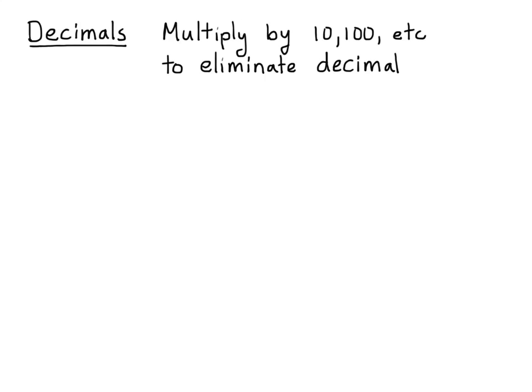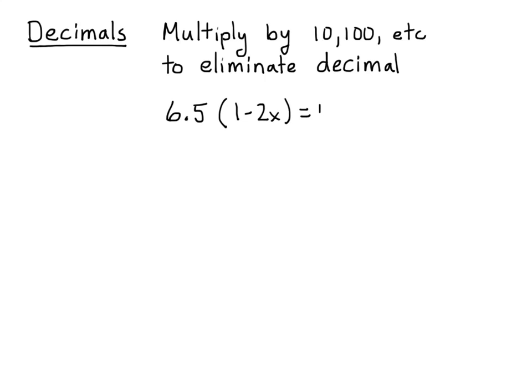So you're going to be using decimals frequently in life. So there's an easy way to deal with decimals in linear equations, and it has to do exactly with the same principle here, where we're multiplying through by essentially a common denominator. And the common denominator in this case would always be some multiple of 10, 100, 1,000, something of that sort.